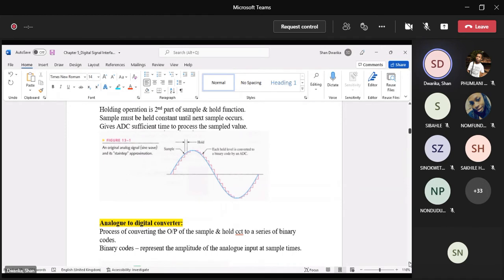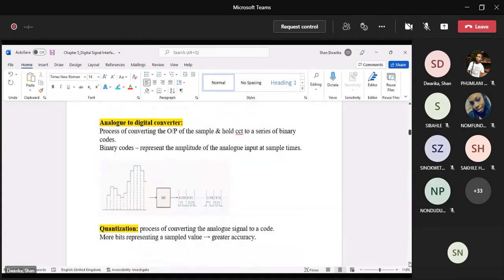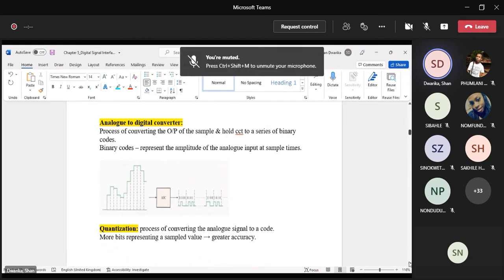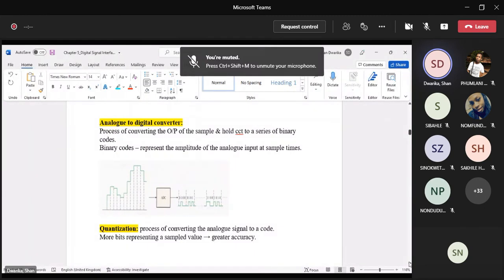Each one of those steps that are sampled must be converted to binary by an analog to digital converter circuit. And once each step is held in the sample and hold circuit, the next step is to put it through an analog to digital converter process and produce the binary numbers.